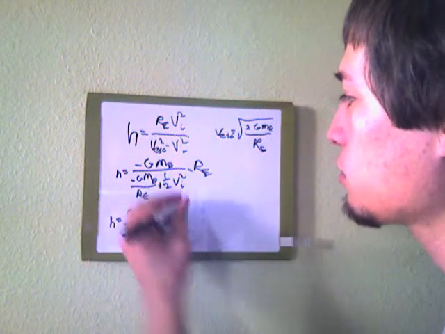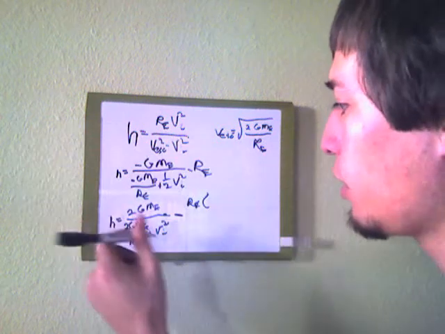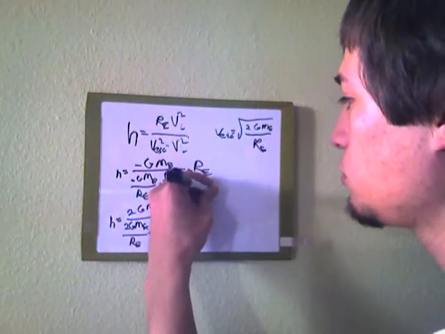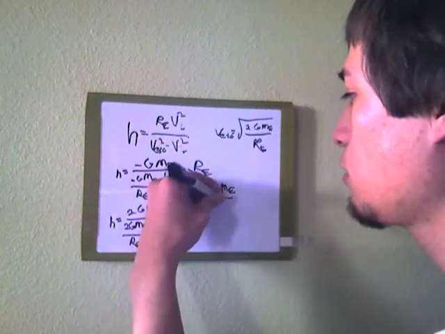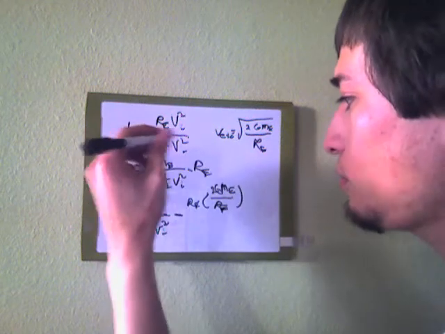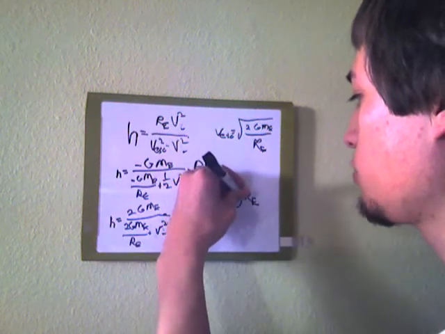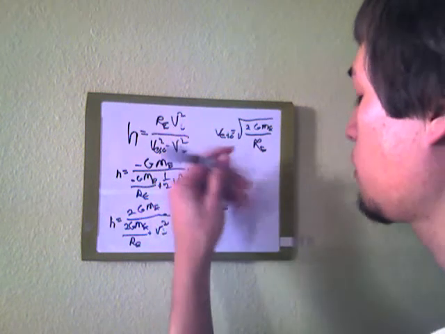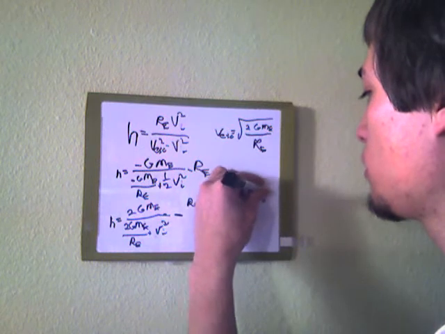And then the Re is going to be multiplied by the bottom, so that's 2GMe divided by Re, and then Re, well, that's actually plus Re vi squared.